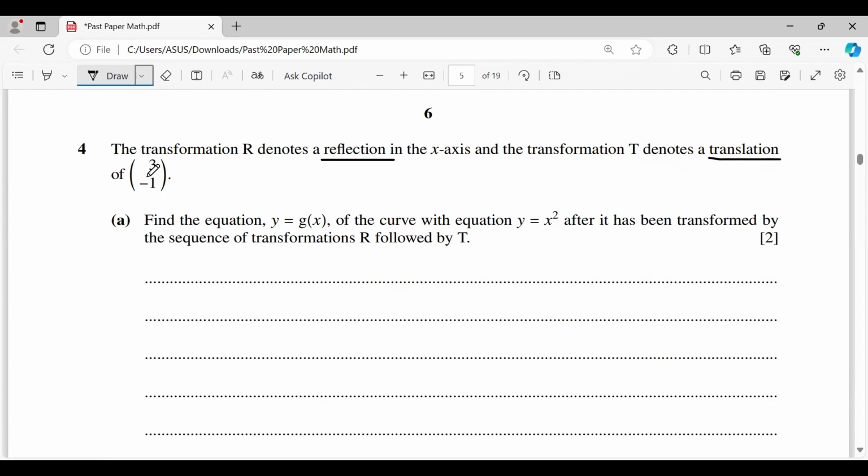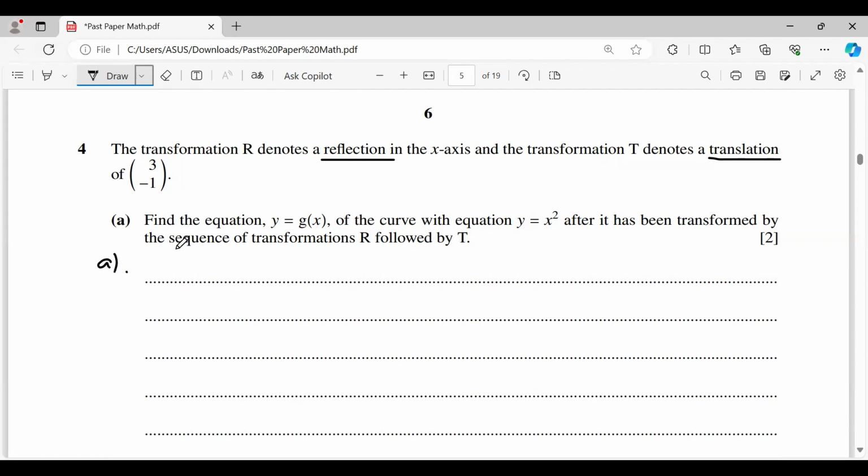So there are two transformations, reflection first, and the second is translation. Find the equation y equals g(x) of the curve with equation y equals x squared after it has been transformed by the sequence of transformations R followed by T.